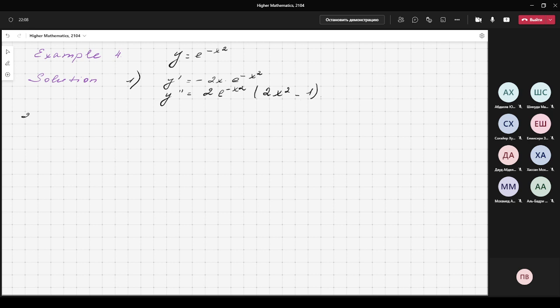The second derivative exists everywhere. Find the values of x for which y'' equals 0.